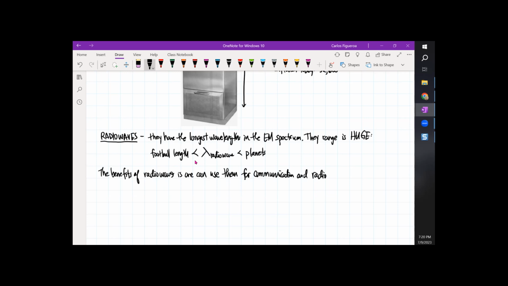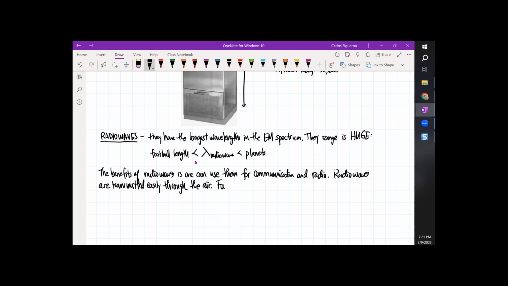Turn on the radio. And the reason why is that radio waves are transmitted easily through the air.